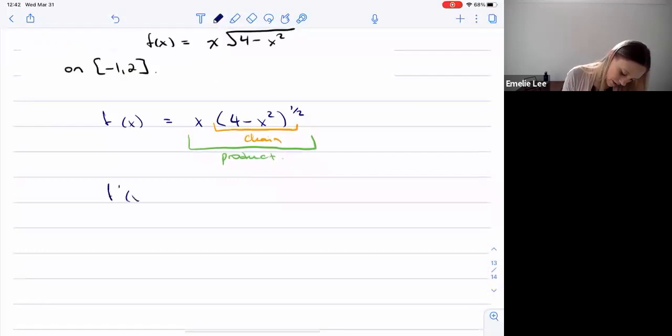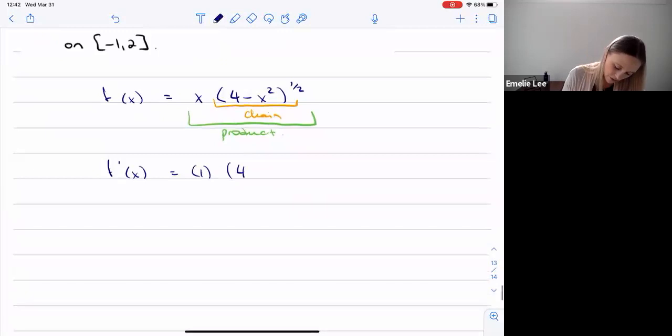So now the derivative of this thing: the derivative of the first, the derivative of x, which is 1, times the second, 4 minus x squared to the 1/2. Product rule, I add.